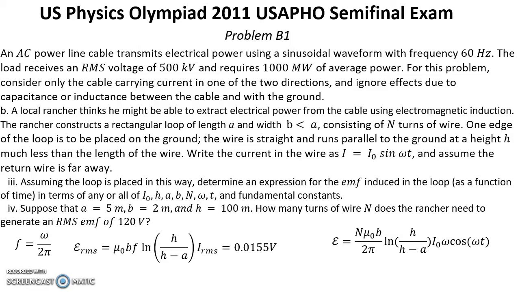So, using the expression for regular frequency as omega over 2 pi, we have the EMF for a one turn loop like this, and that's equal to 0.055 volts. And to get 120 volts, we need to use this number of turns, 7760. So that was the answer for question 4.